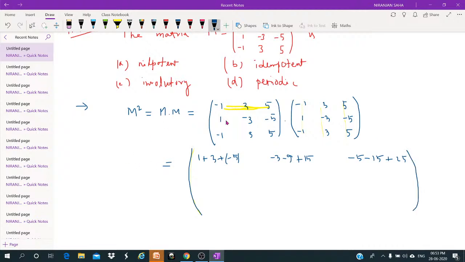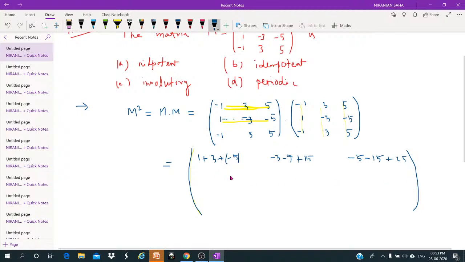Now we find out the second row. We will take the second row of the first matrix and the first column of the second matrix. Second row first column, second row second column, second row third column will give us the second row of the matrix multiplication.